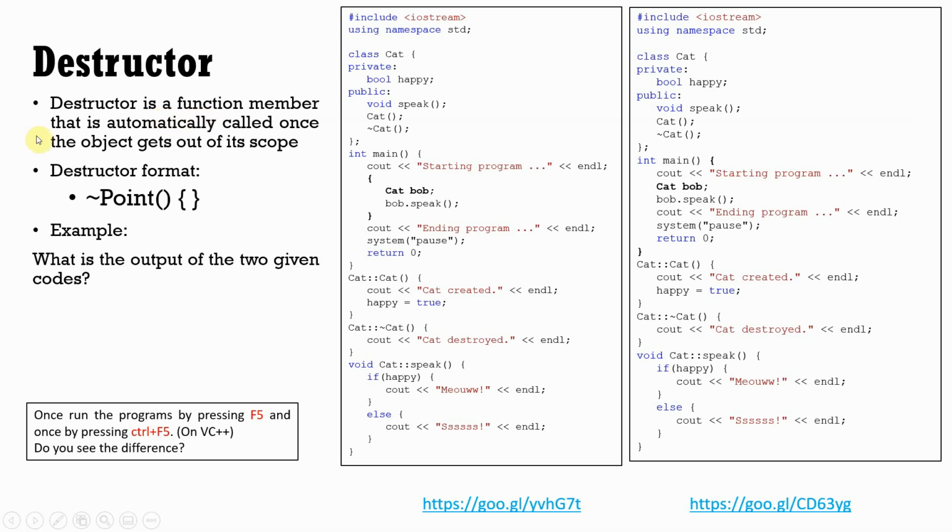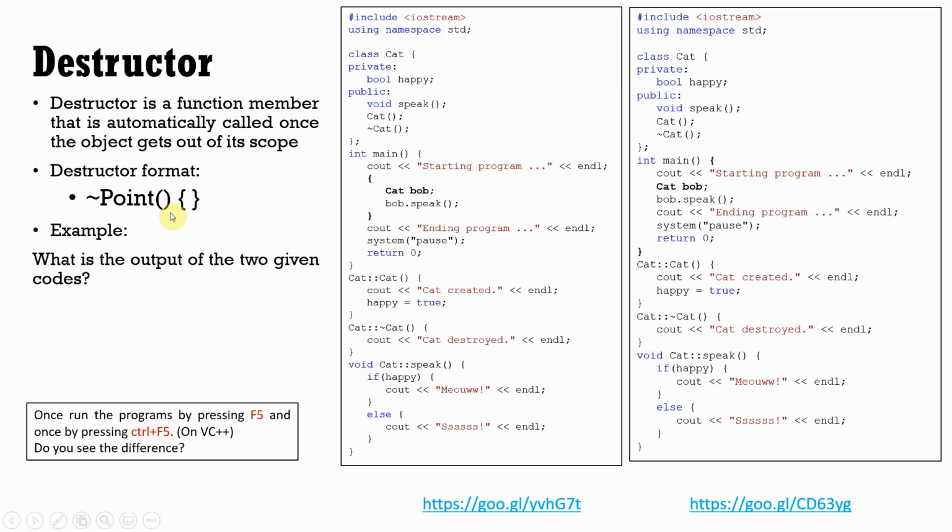A destructor is a member function that is automatically called once the object gets out of its scope. It has the same name as our class, with a tilde before the name, and it doesn't take any parameters. We can only have one destructor for each class.